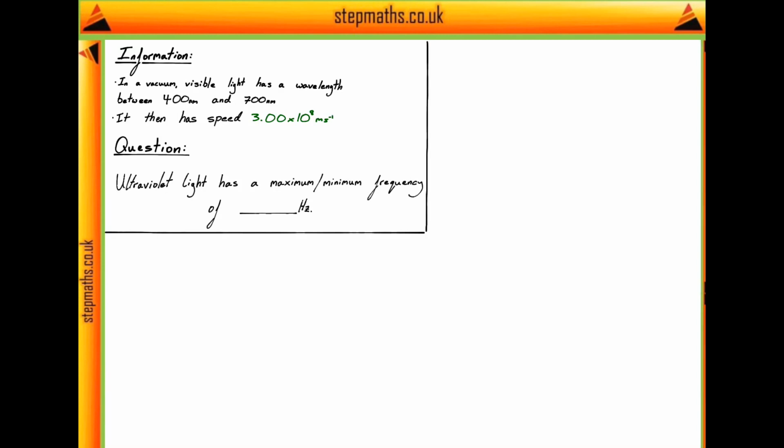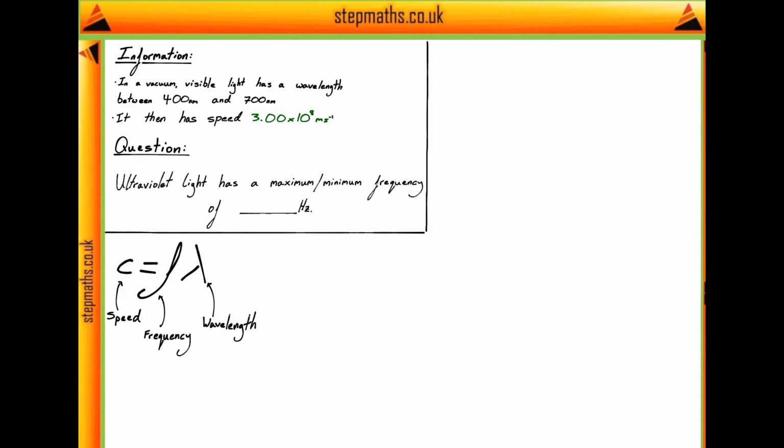So let's go ahead and try and think about what equations we could use to solve this problem. Now we're asked to find a frequency of ultraviolet light, and we're given some wavelengths and a speed. So an equation that you should perhaps know is that the speed of a wave, c, is equal to its frequency multiplied by its wavelength.